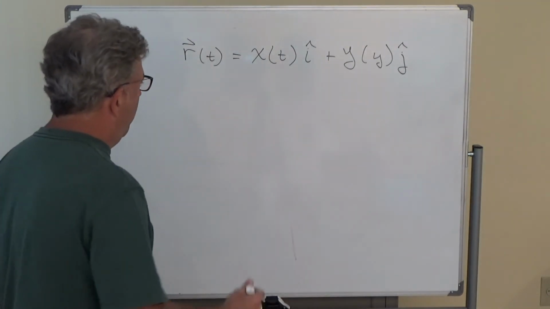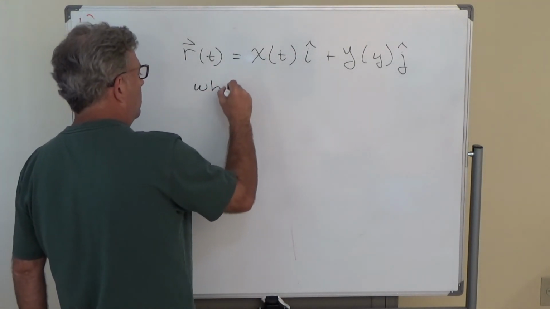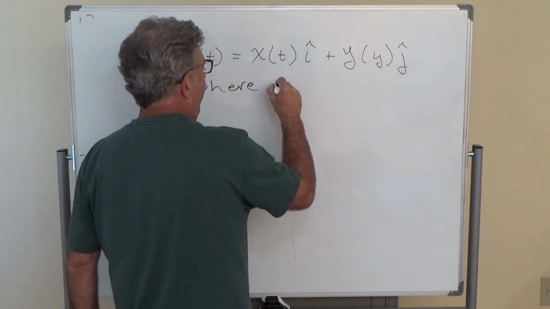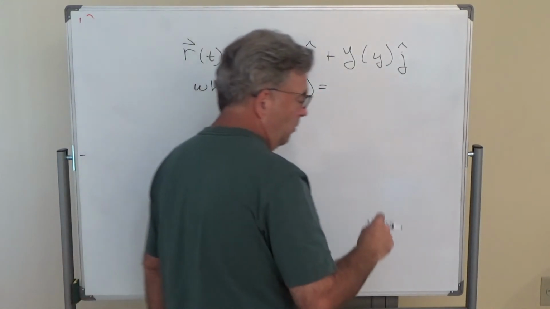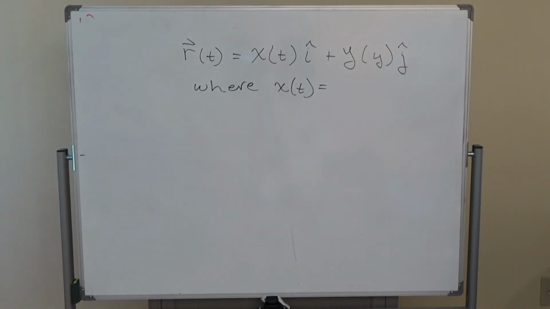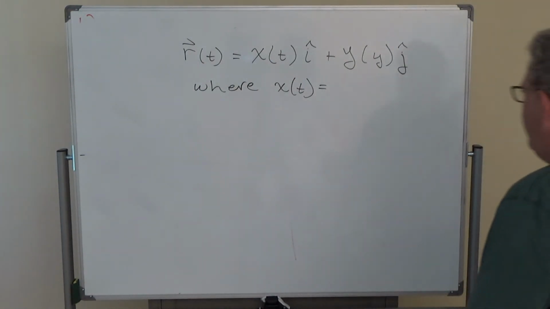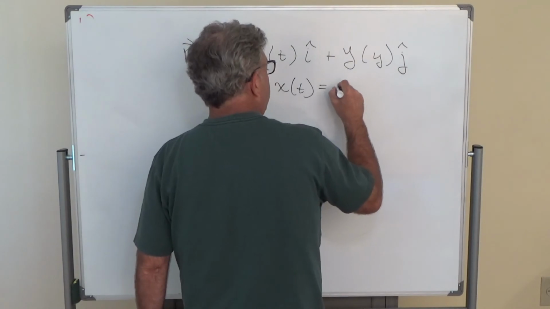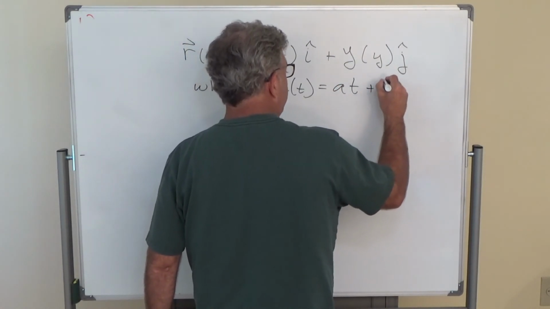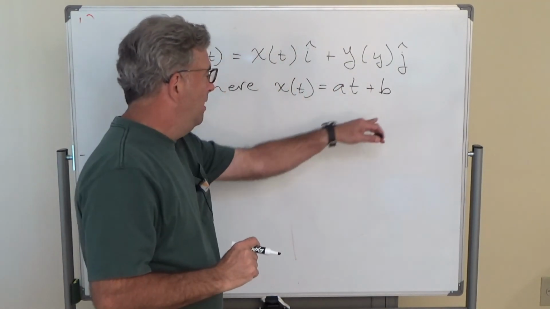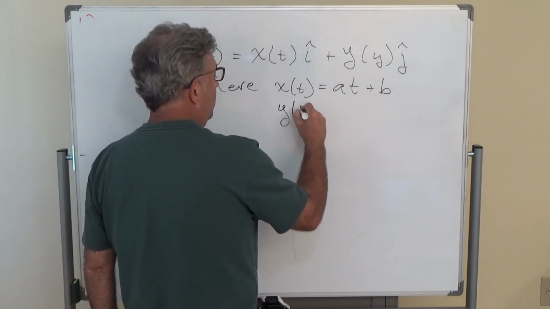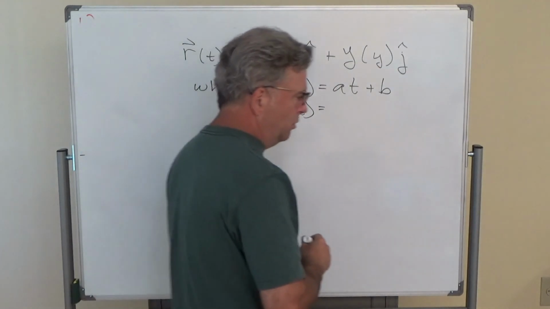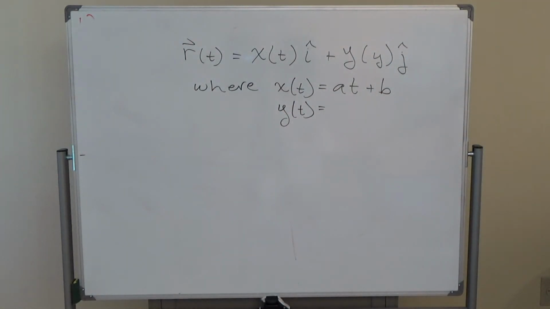Where x of t is equal to at plus b. So x of t is linear, at plus b. A and b are constants, and y of t is equal to ct squared plus d.